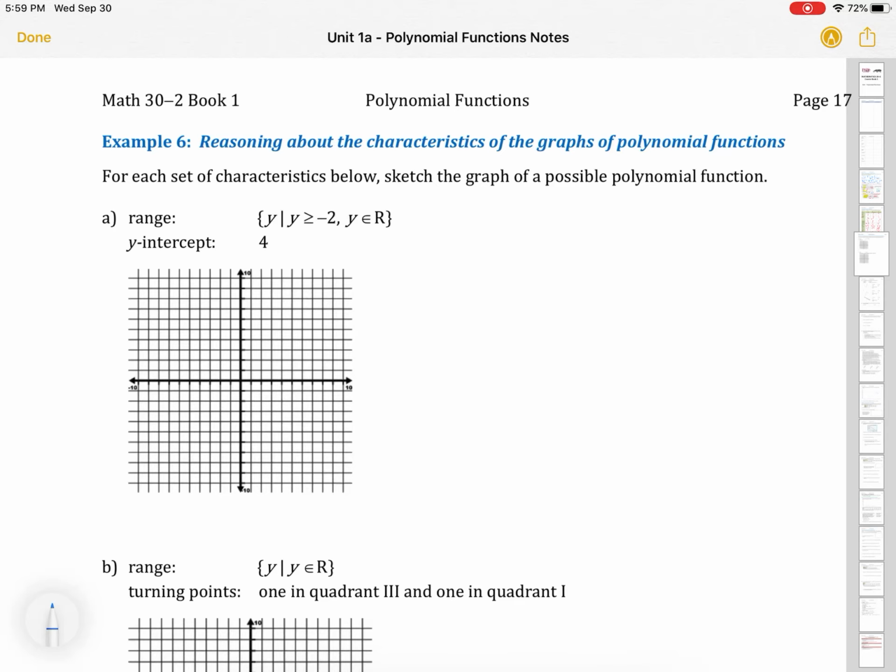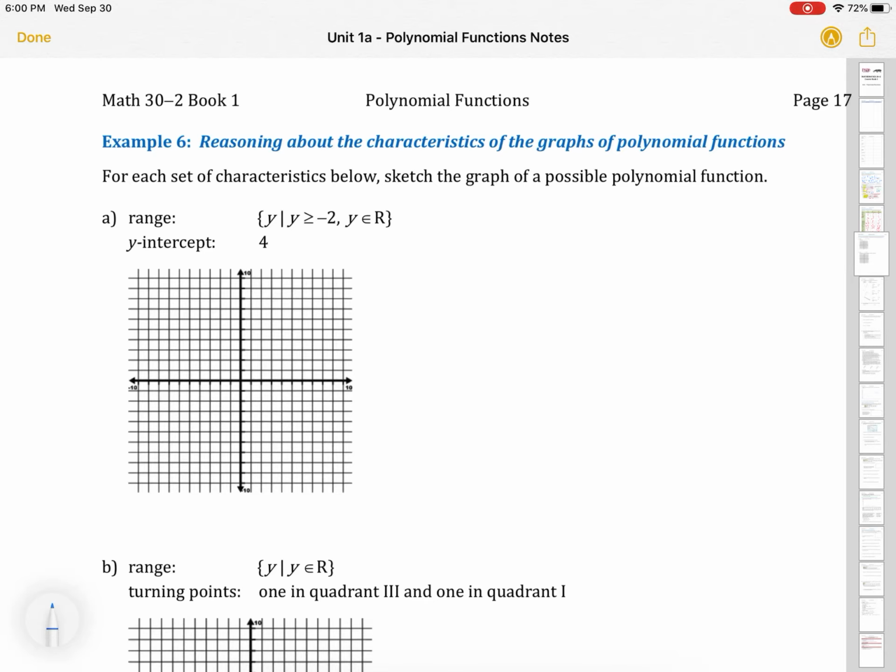Okay. Example 6. Reasoning about the characteristics of the graphs of polynomial functions. So for each set of characteristics, sketch the graph of possible polynomial functions. So we're looking at this one.